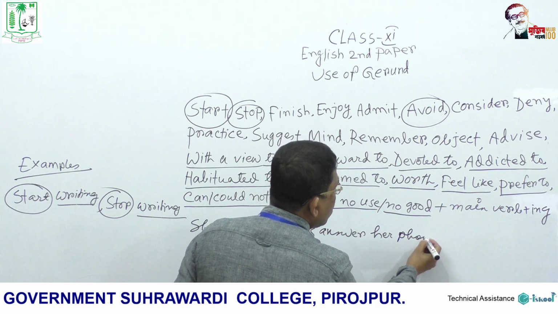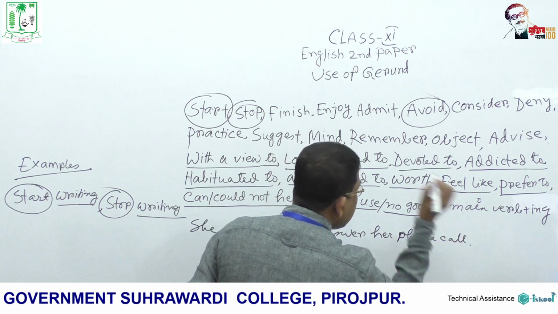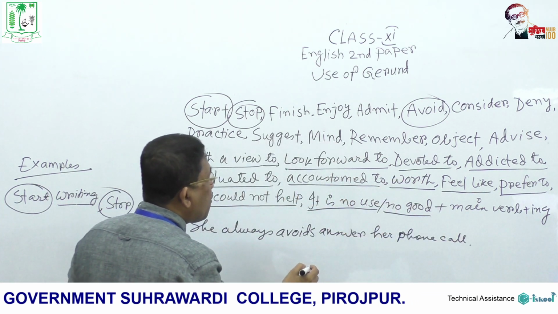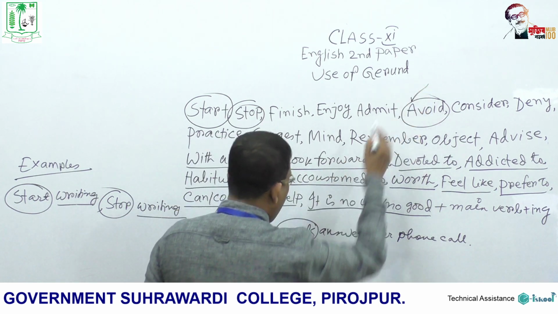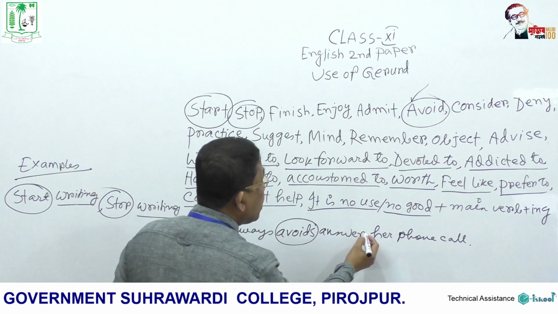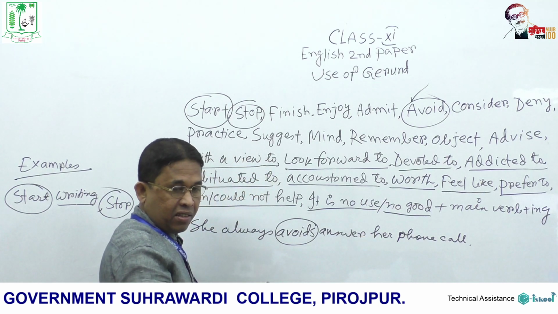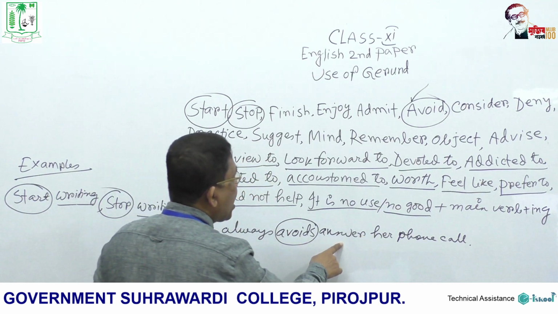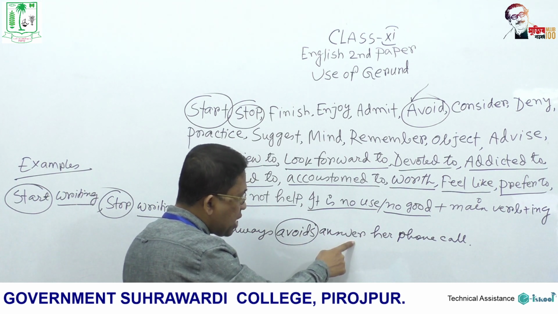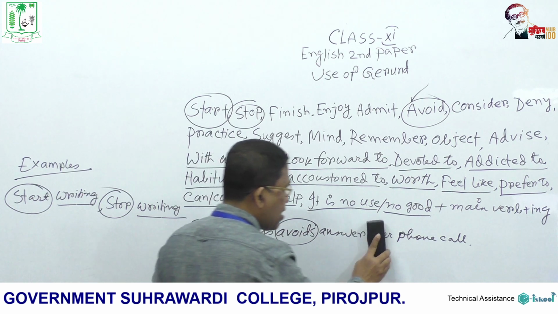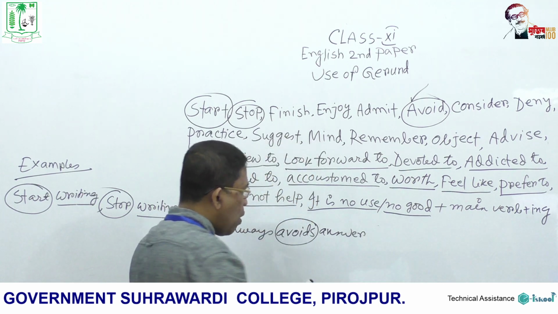Okay, phone call. She always avoids answering her phone call. Notice here, this is "avoids". We should use answering; if we use "answer" here, this is wrong, because after avoid we have to use ing, or gerund.